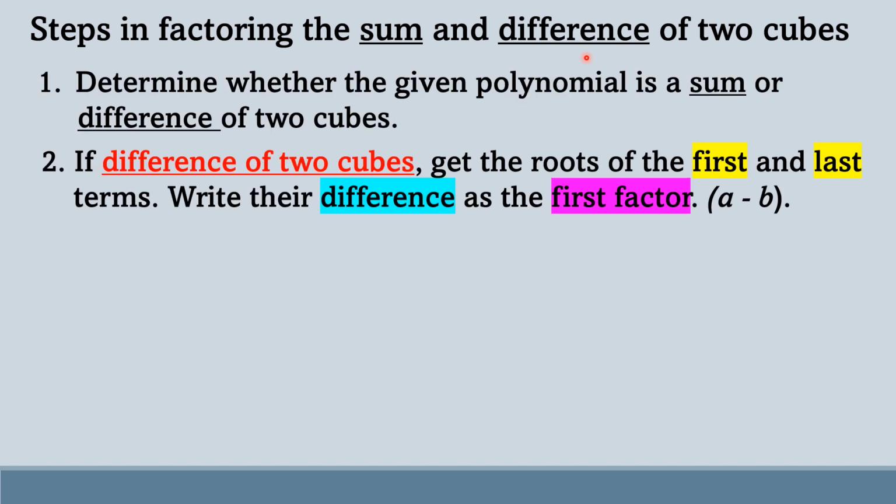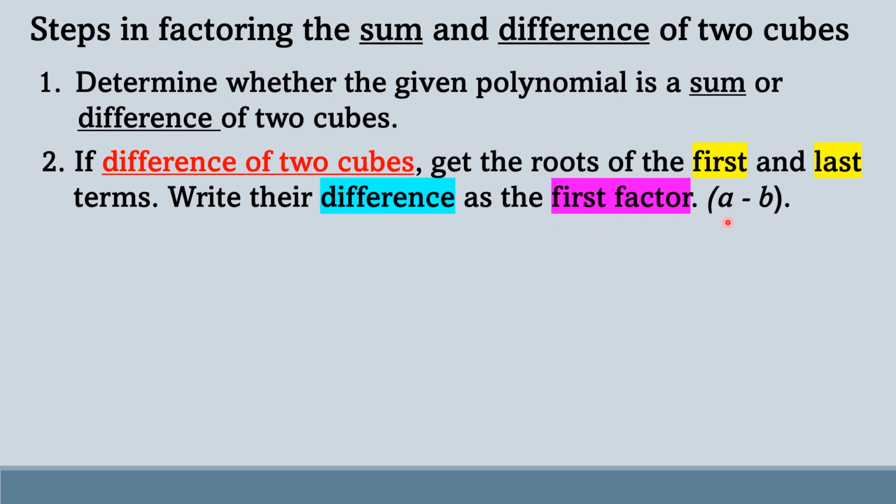Now, what if the given polynomial is a difference of two cubes? If it is a difference of two cubes, we are going to get the roots of the first and last terms and write their difference as the first factor.